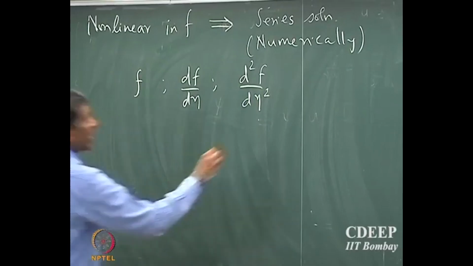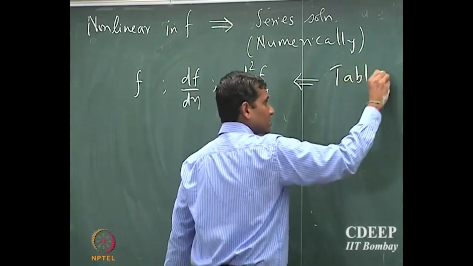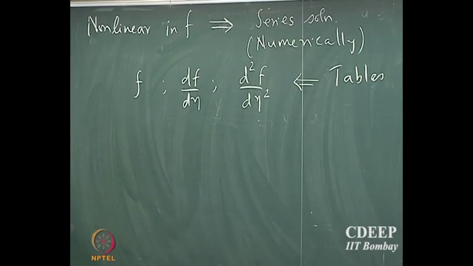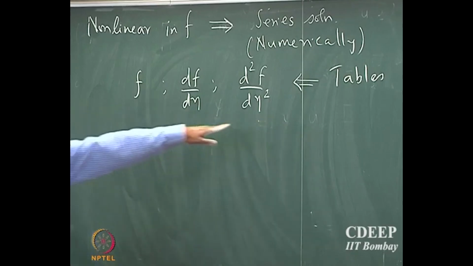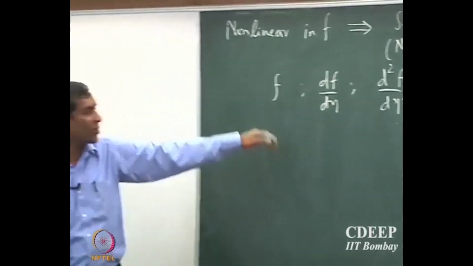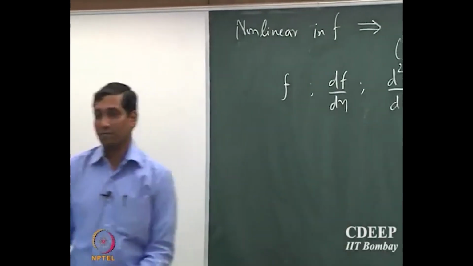So now there are standard tables available. Again these tables did not come by magic, somebody has actually painstakingly worked out all these numbers for this differential equation, and so we now have tables which give you these numbers. It's there in your text and it's also there in other references. So if you know these gradients, we are done.